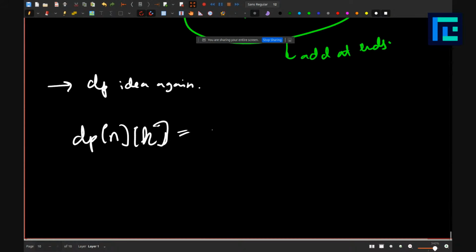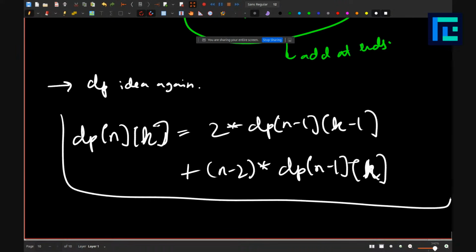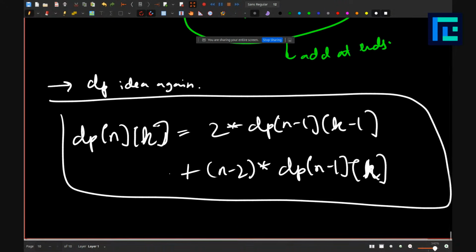If it was added at the ends, the k has increased. That happens in two ways, so that will be dp of n minus 1, k minus 1. Or if it was added in between, that can happen in n minus 2 ways, and that could only happen from n minus 1, k.